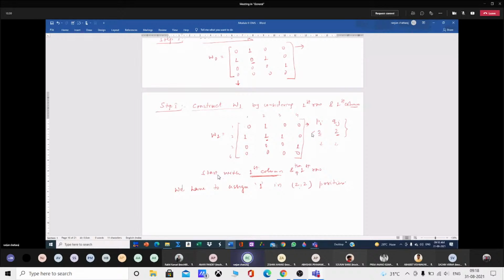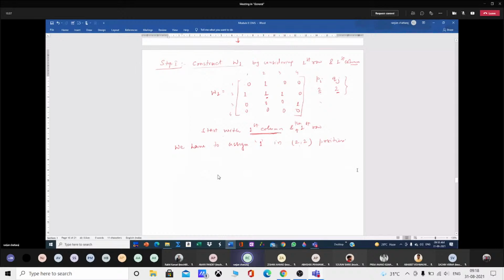Similarly, now you consider the second. So what should be the second step? Sorry, this is the second step. It is the third step. Okay.